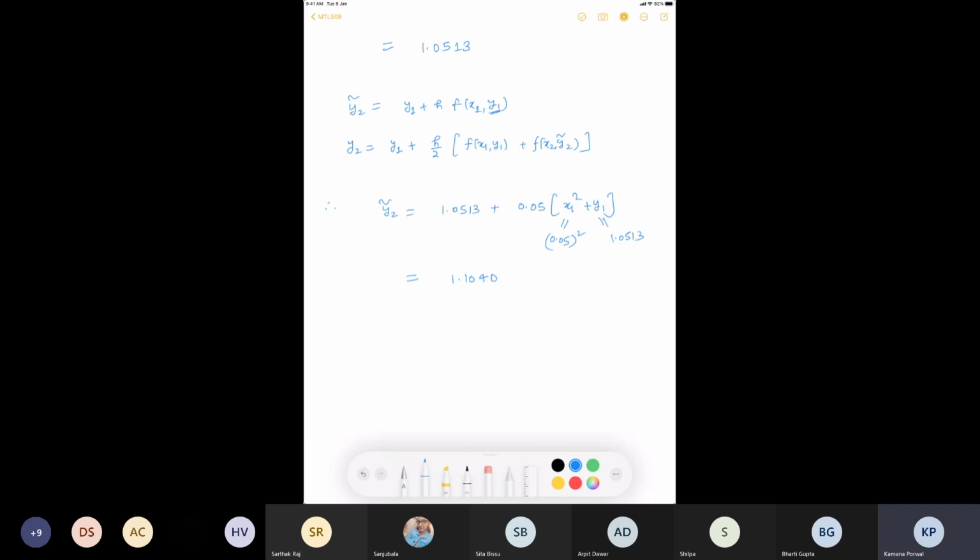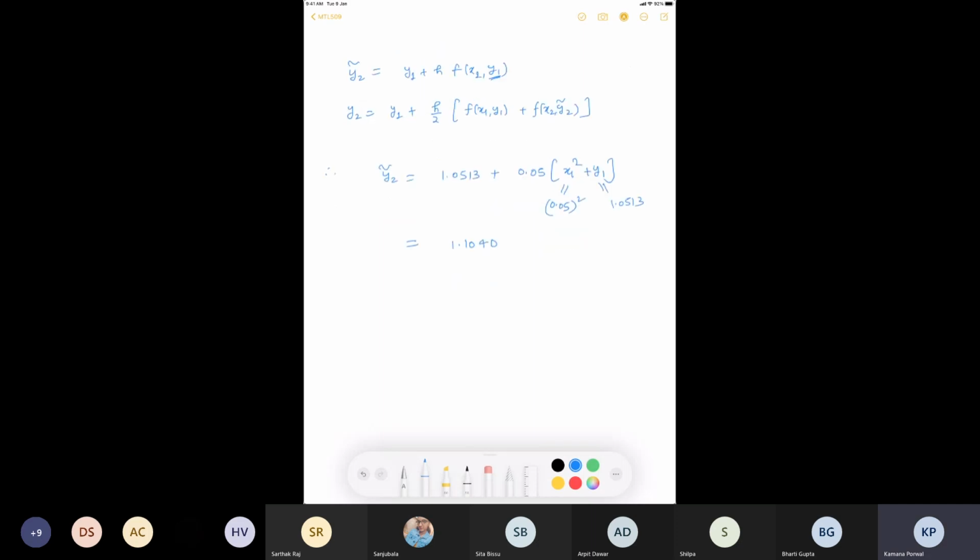You can take the help of the calculator to do these computations. Once we have this, now we can find y2, which is y1, 1.0513, plus h by 2 times f of x1, y1.